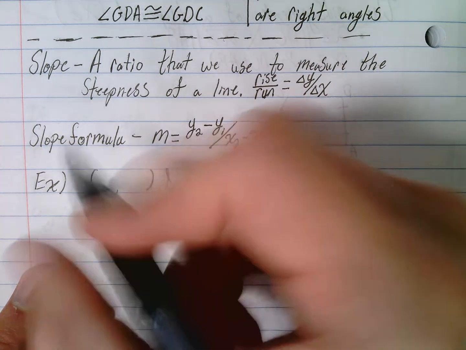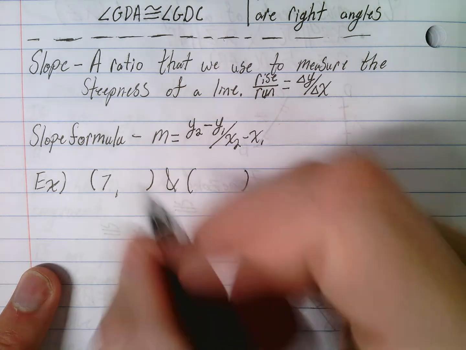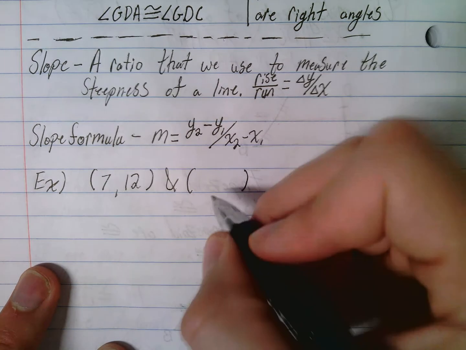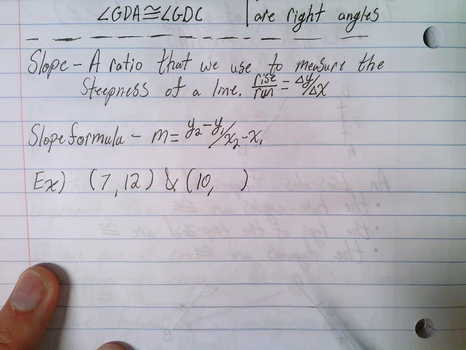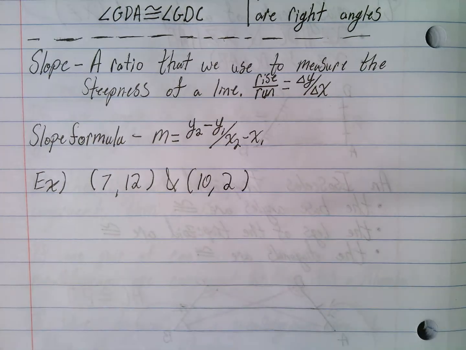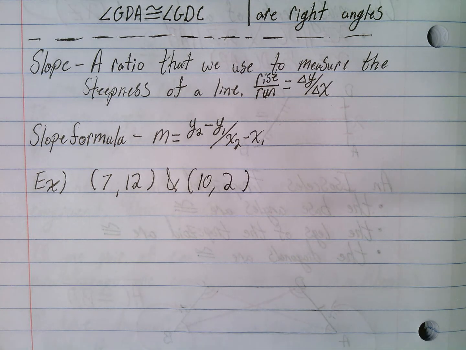Coco, give me a number. 7. Megan M, give me a number. 12. Elizabeth, give me a number. 10. And Tim, give me a number. 2.